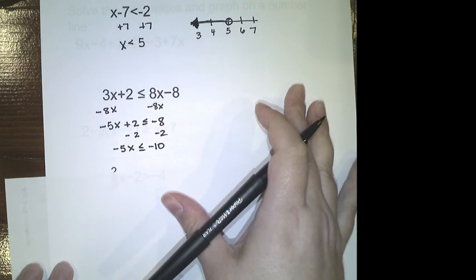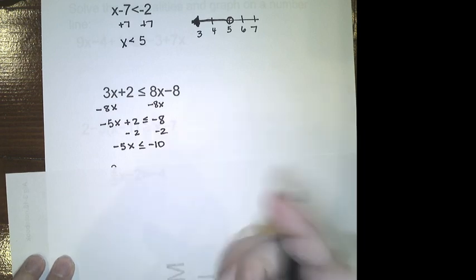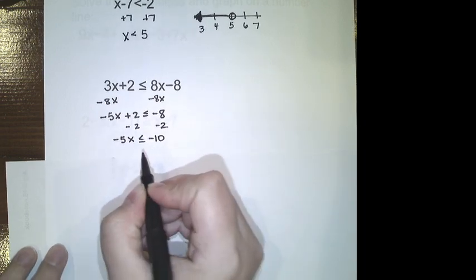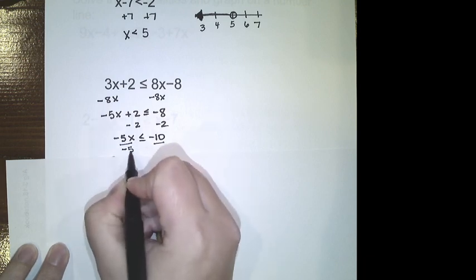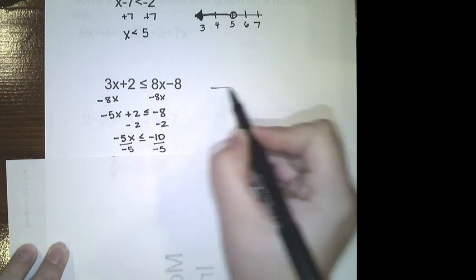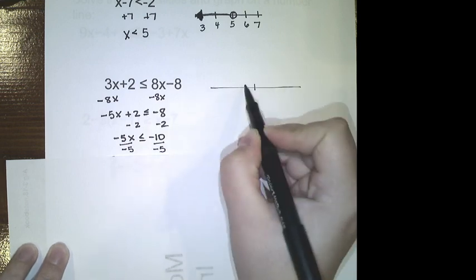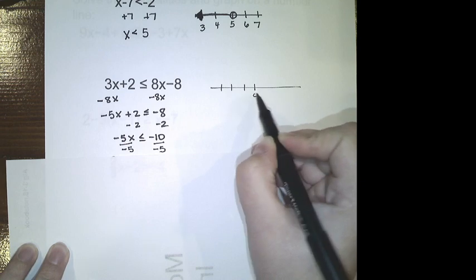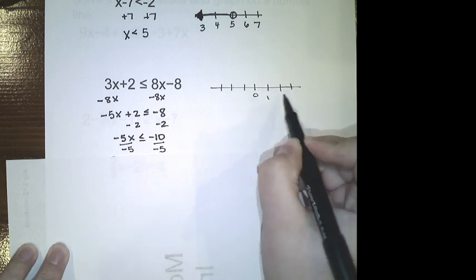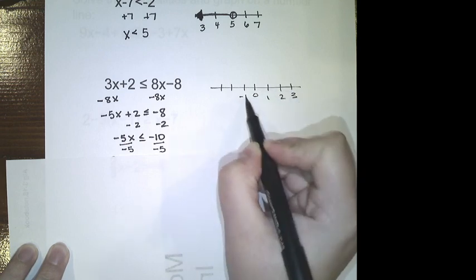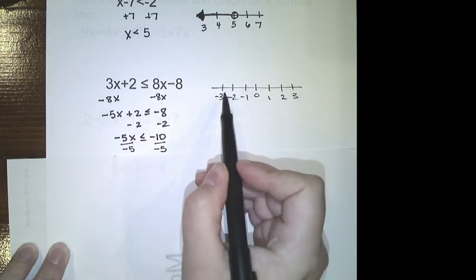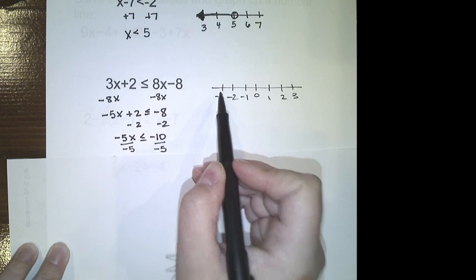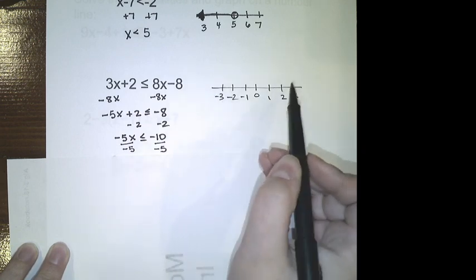And here is where we run into a little bit of an issue, because when we divide by a negative number, on a number line, if we think of just a general number line, it's going from an x value that's negative to an x value that's positive.